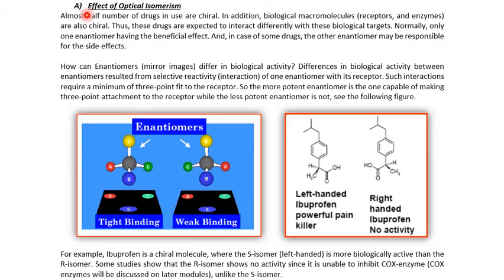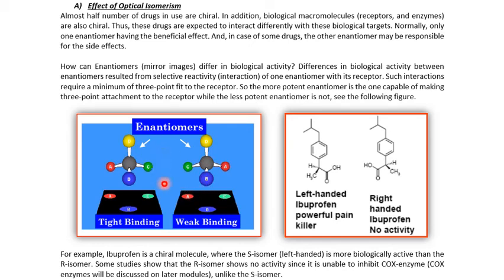So the first feature we're going to look at is the optical isomers. We're going to see how optical isomers can affect the biological activity. And let's take enantiomers as an example. An enantiomer is a molecule that is not superimposable on its mirror image. So here's a molecule, and here is the mirror image of this molecule.